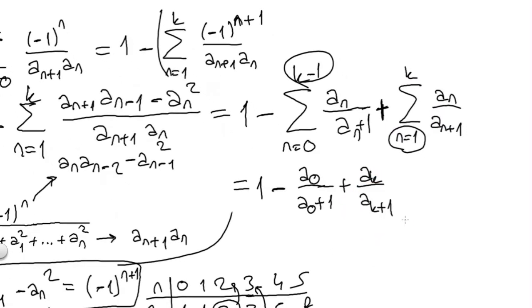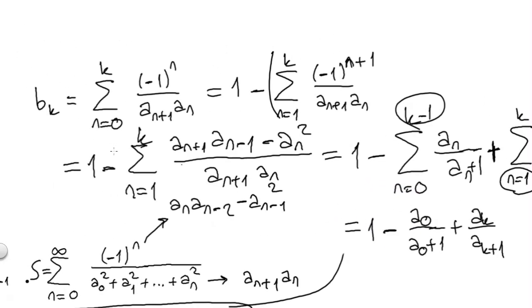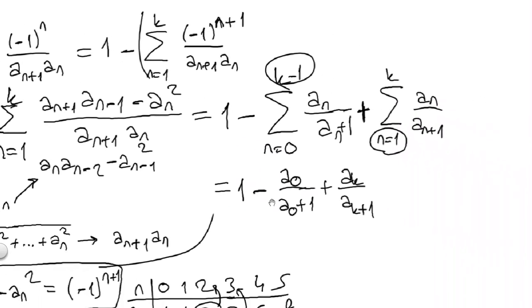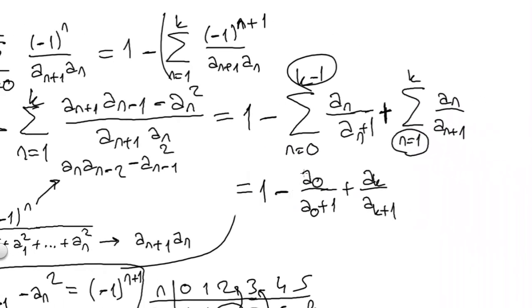So now what's up? I found my partial sums, b_k, is equal to, and I can just write this thing. So this is just 1 over 2. I can just say it's 1 minus 1 over 2 plus this thing. So it's just 1 over 2 plus a_k over a_k plus 1.